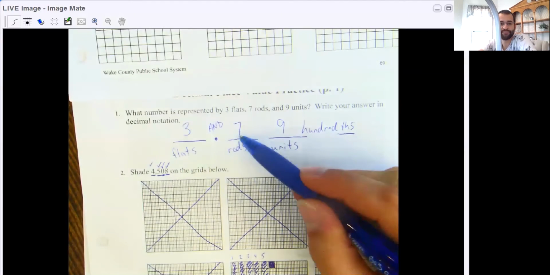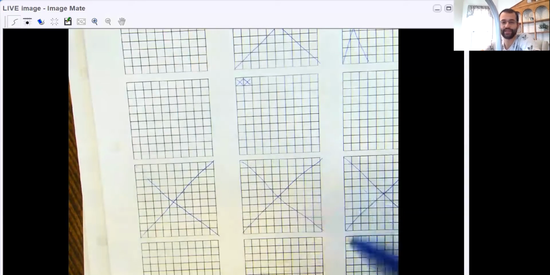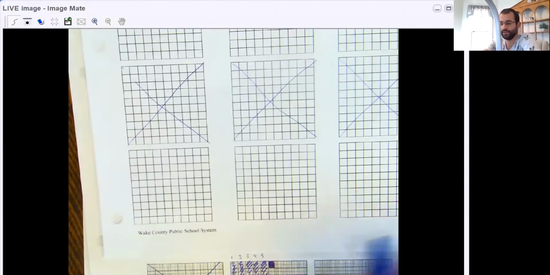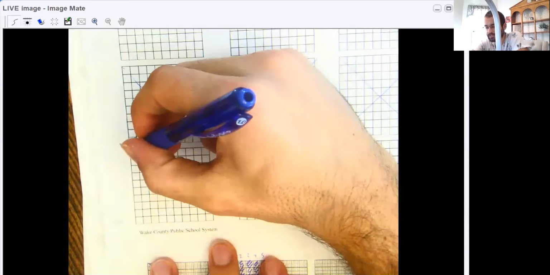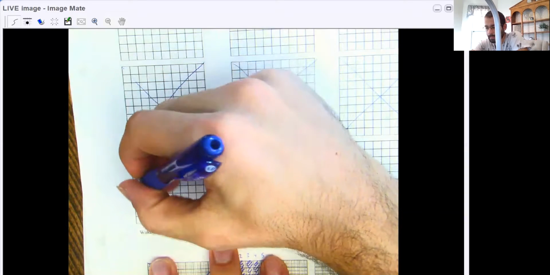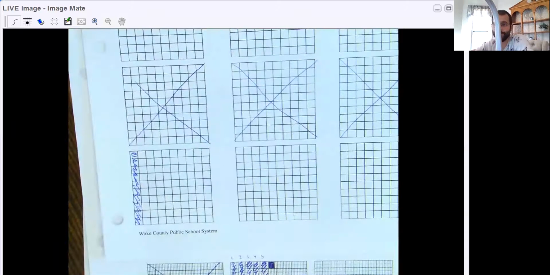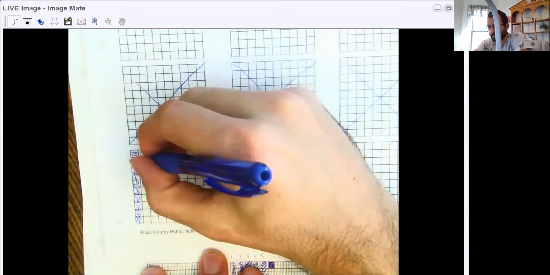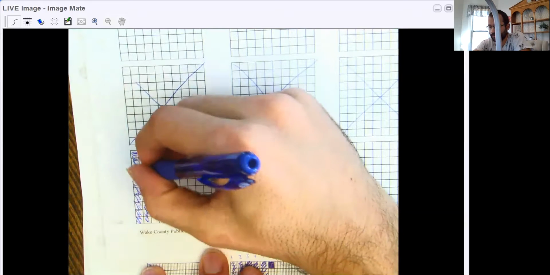Okay, the next thing I've got in my problem is 7 rods. So if I've got my 3 flats total, I'm then going to come to my next picture and I'm going to shade 7 rods. So watch this. All right, there's 1 rod. There's 2.